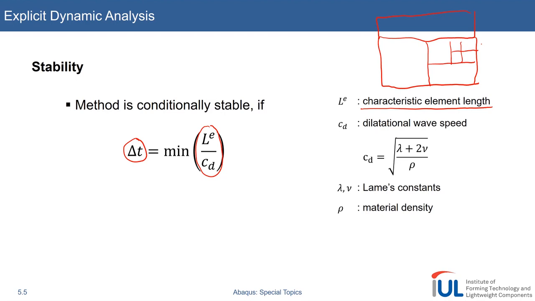Now the characteristic element length for each element is the smallest direct distance between 2 points. So it would be this one for this element, it would be the one up here for this element, but for this element, it would be this height.